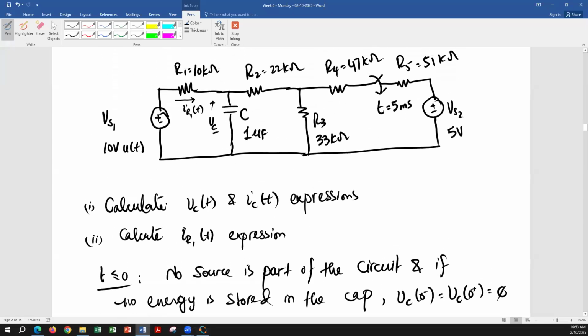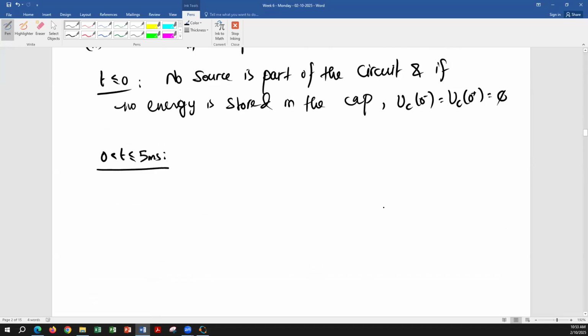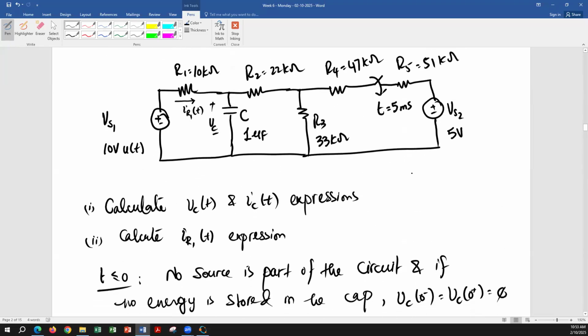So for this time period, we don't have the switch closed. So this part of the circuit is gone, including R4, because of course, if the switch is open, then R4 is not going to be part of the circuit. So we will have VS1, R1, C, R2, and R3. Capacitor, R2, and R3.